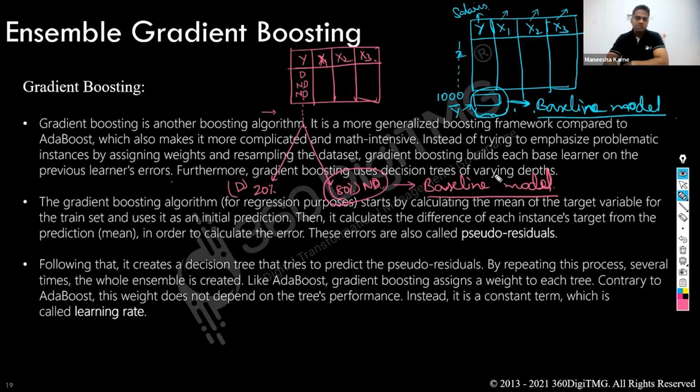Those models are called baseline models. And the prediction models, the machine learning algorithms that you use, should give you results which are better than the baseline models. Final results that we get should be better than the baseline models.